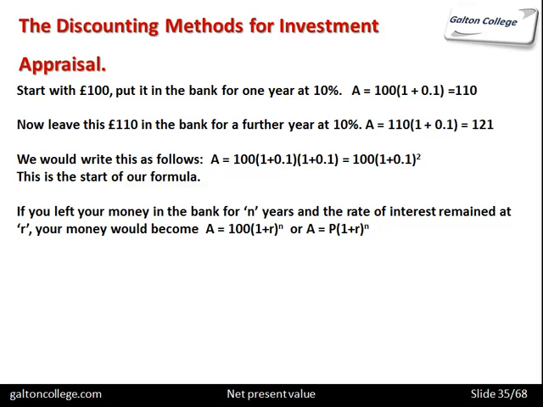And how we get that formula is by just looking at the logic of what we had above. If you look at this formula here, the logic of how we got this is by looking at what's happening up here. Here we have 2 years, and you can see it's the present value, 100, times 1 plus 0.1 squared. That's 2 years. The 0.1 is the rate of interest. Now, just write it out again, and that's what we get for n years.